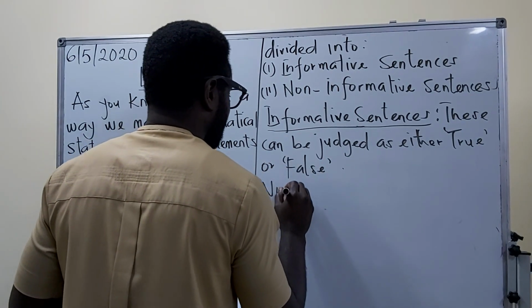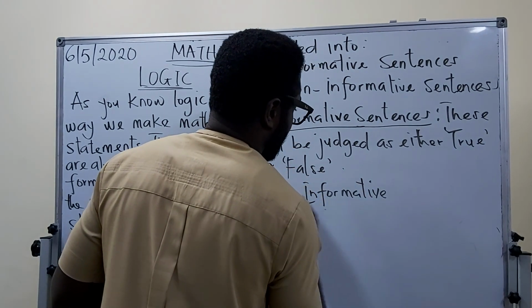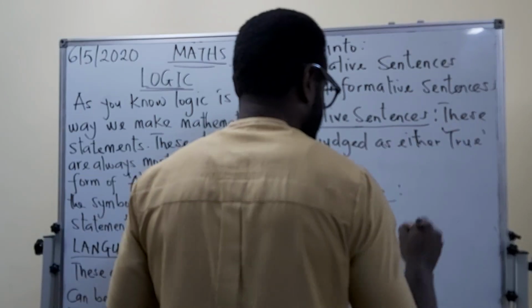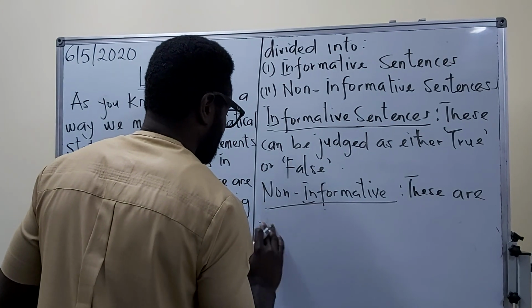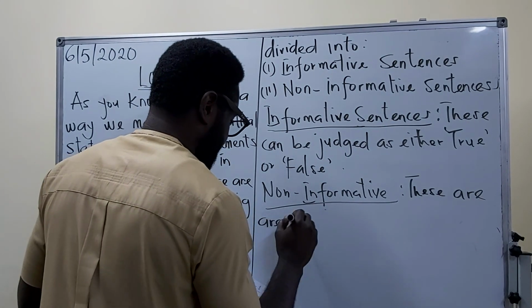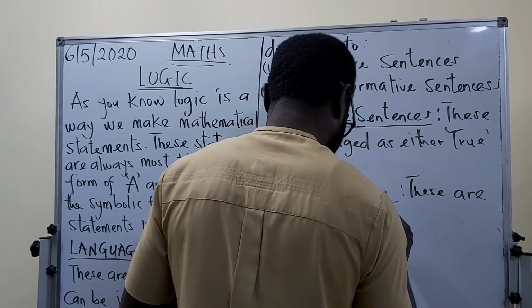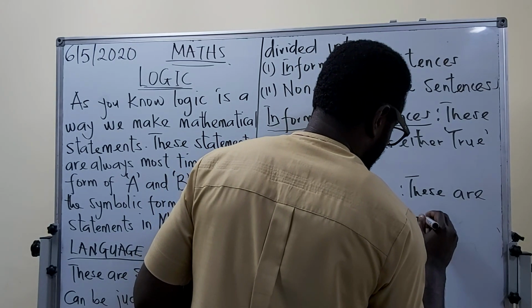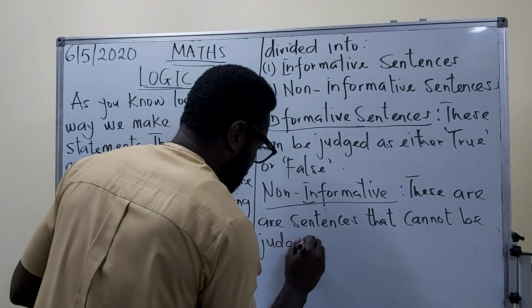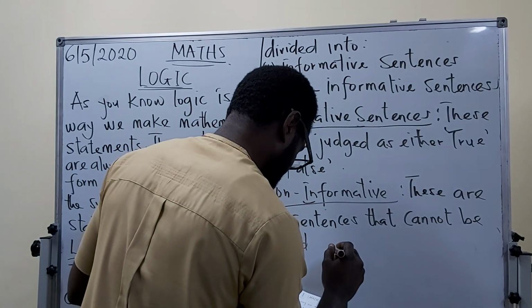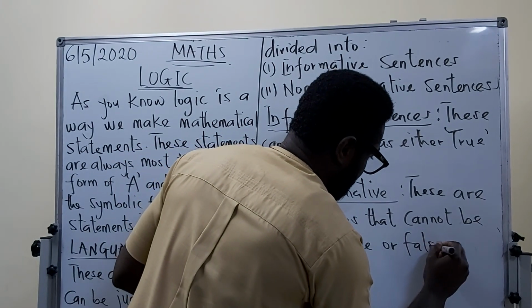So speaking of non-informative, these are sentences, don't worry, I'll still explain, sentences that cannot be judged as true or false.